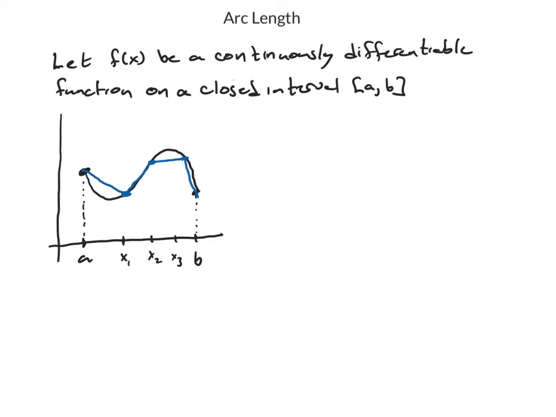We can approximate the length of each segment by just our old friend, the distance formula. You'll recall that distance, d, is equal to the square root of x2 minus x1 squared plus y2 minus y1 squared.